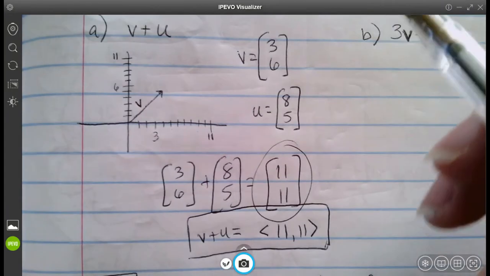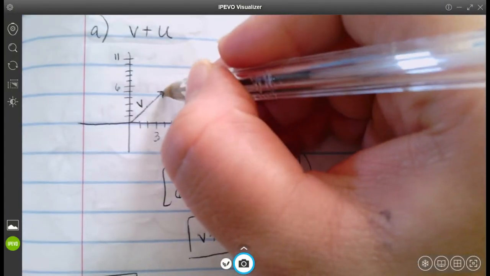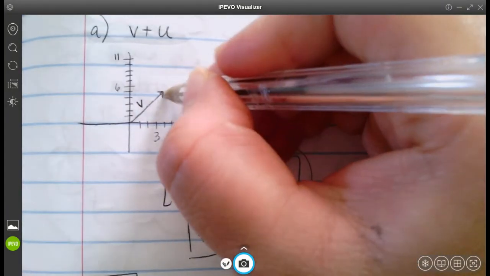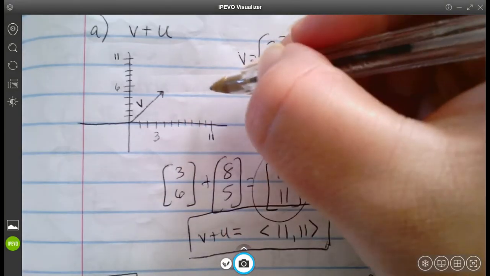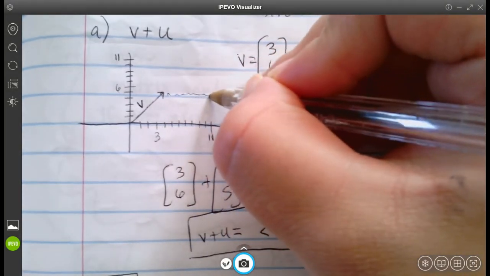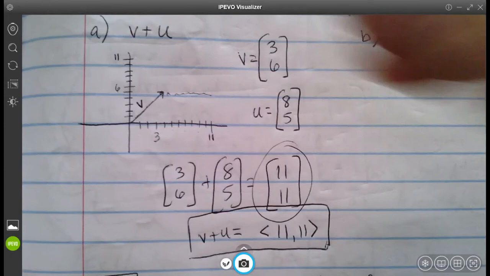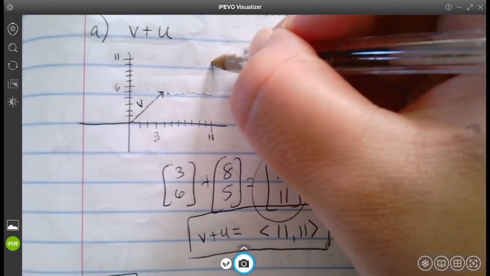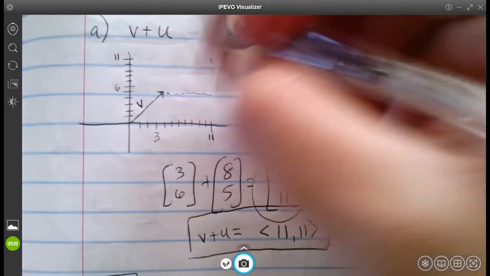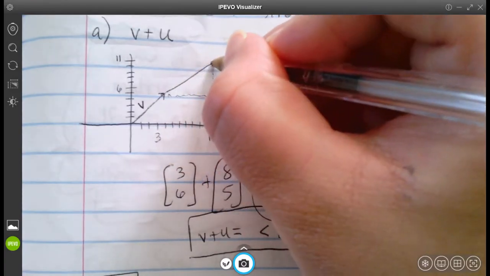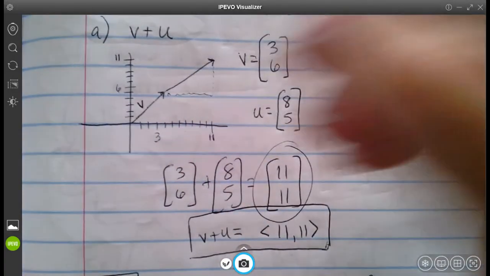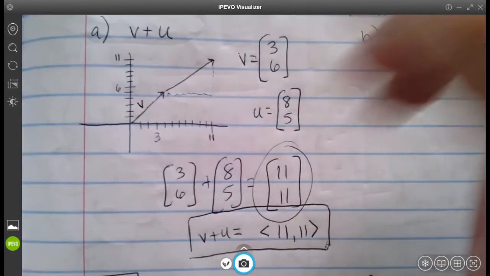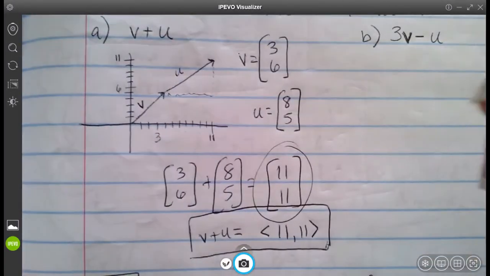Since I'm adding 8, 5 to this, you would go 8 over, so 3 plus 8 is 11, right? So you're thinking something like this. And then you're also going to go up by 5. So it lands up here at 11. So we have another vector here, and this represents my U, okay?